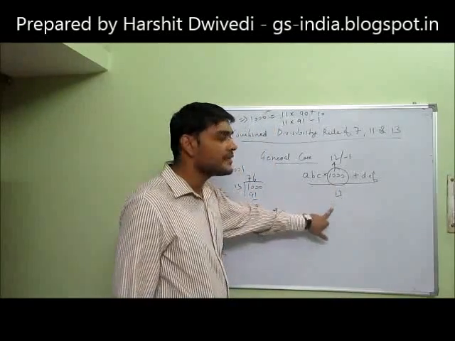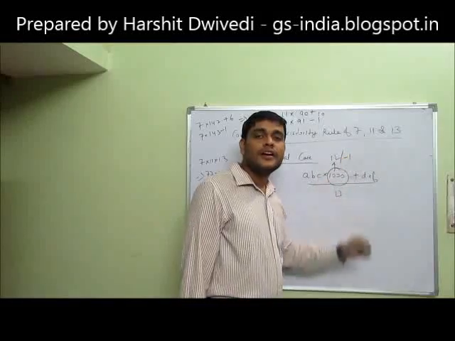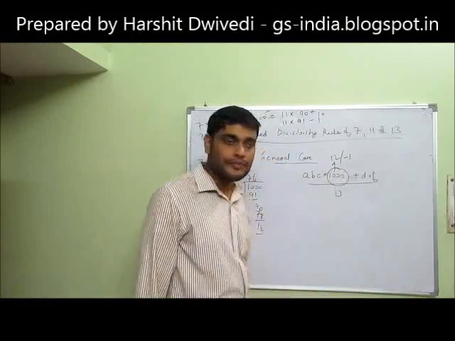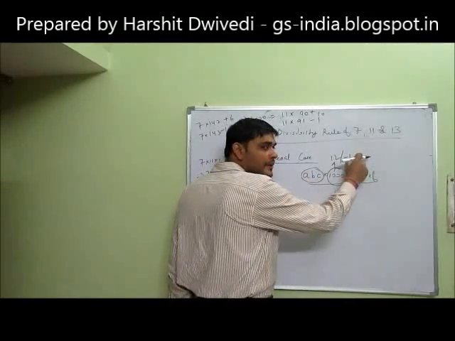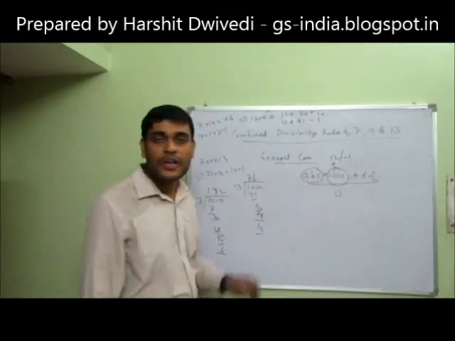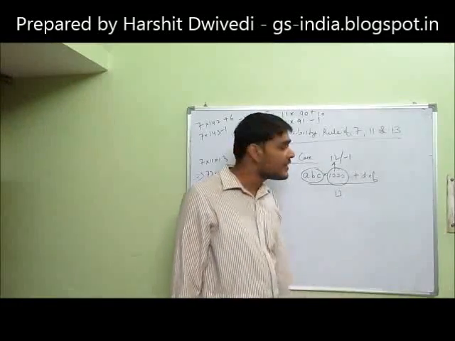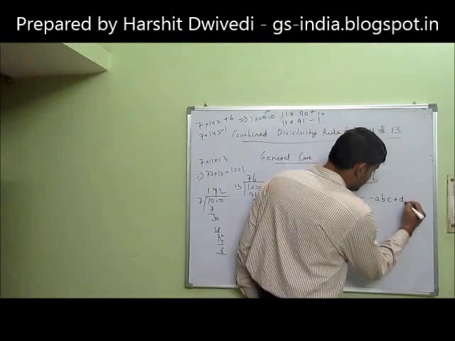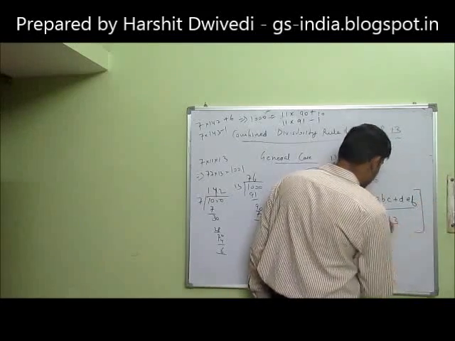So the original remainder is 12, and by the concept of negative remainders, the remainder is -1. Now this ABC will be multiplied by this -1, the same logic we followed in the last two cases. When ABC is multiplied by -1, I will get minus of ABC. So I will write here minus of ABC plus of DEF divided by 13.